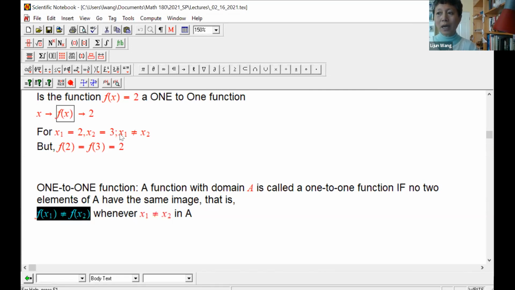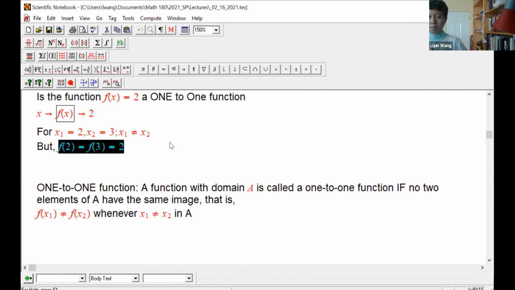And here I have a pair of inputs which are not the same, but their outputs are exactly the same. That's how you counter in mathematics. You get it? And no other words need to be said.